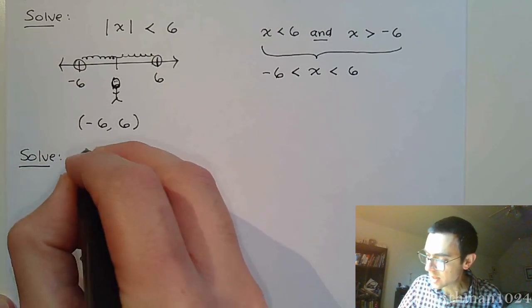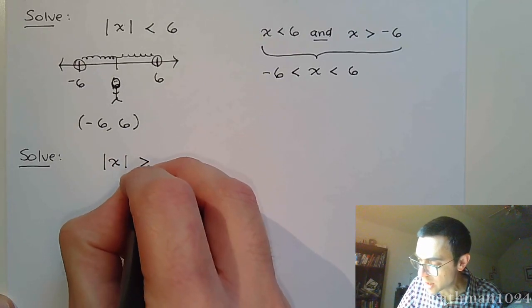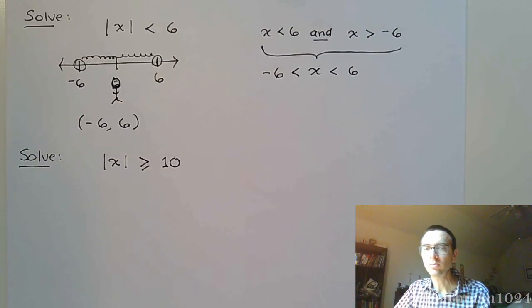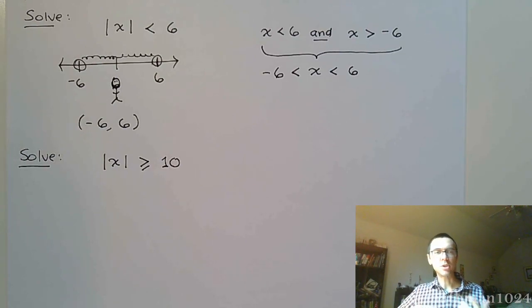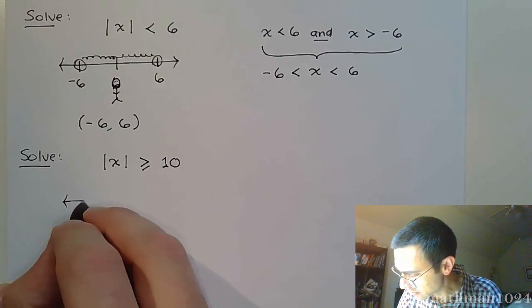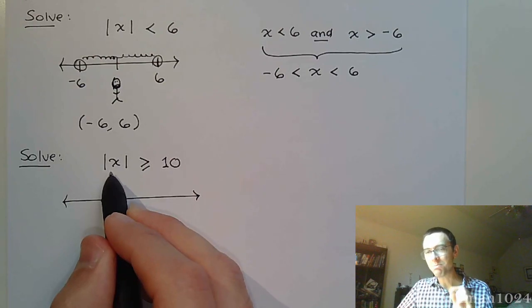So on the flip side of this, if I say the absolute value of x is greater than or equal to 10, okay? So I've used many different examples for describing this before, but I think I've got a good one that we can all appreciate nowadays. When I have the absolute value, that means distance.